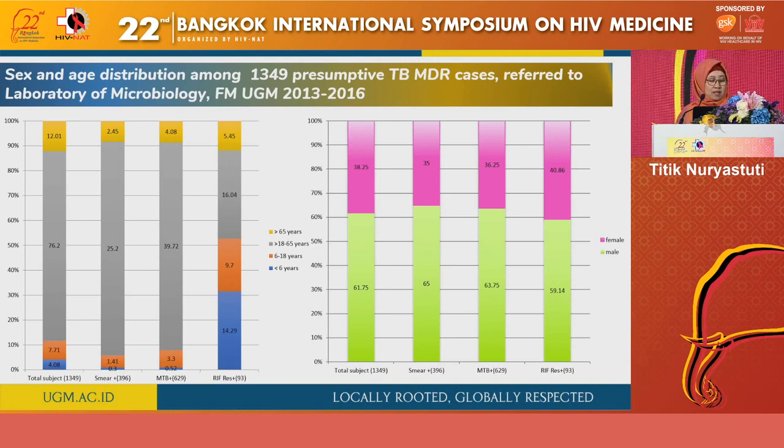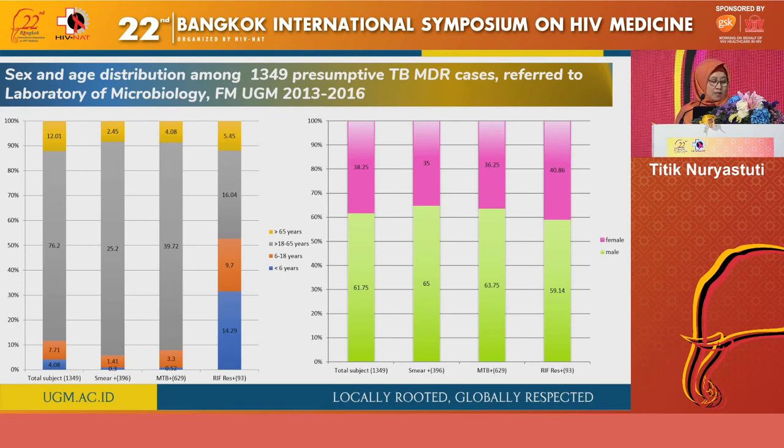As you can see here, among the total specimens obtained in this study, the majority of the population are in their reproductive age, about 76%, and mostly the samples come from male patients. Almost one third of the population, around 396 specimens, were AFB smear positive.